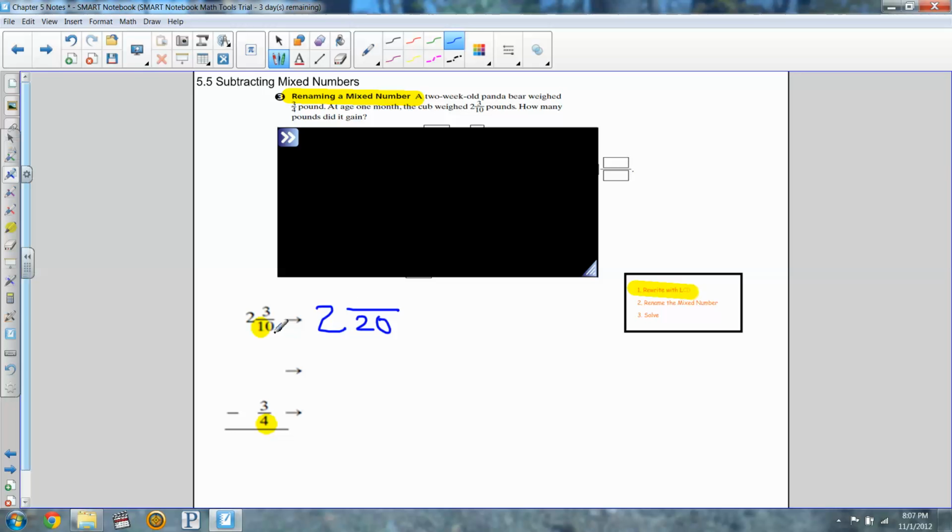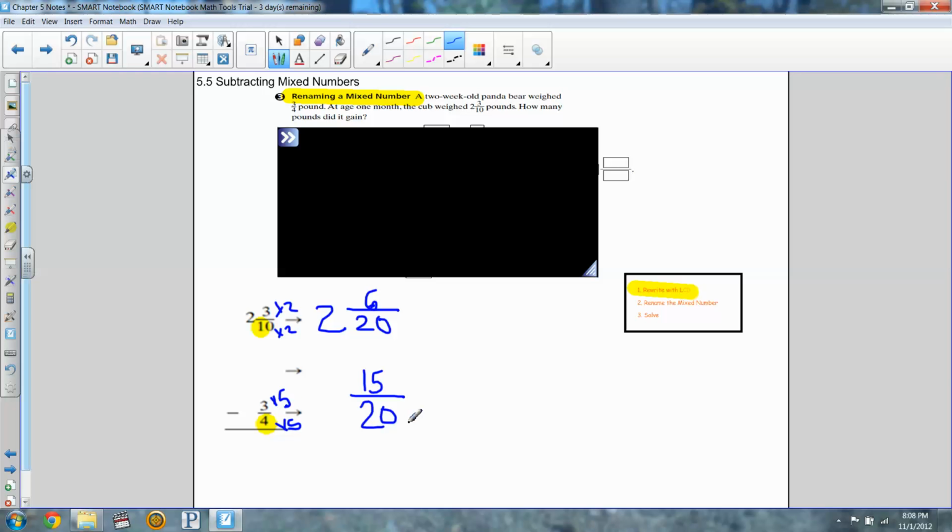I multiplied 10 by 2 to get to 20, so 3 times 2 is 6. I'm going to change 3/4 to be 15/20ths, because I multiplied by 5, so I have to multiply my numerator by 5.